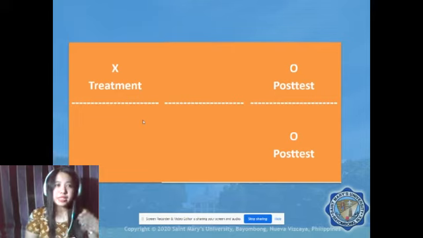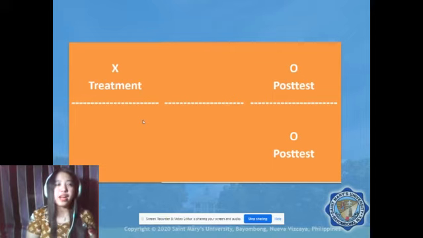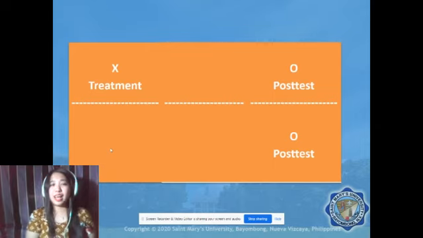In science experiments, control means the absence of the given treatment, or just giving them water as an alternative to the provided treatment. However, in educational research, we cannot do that. So the space here means that the treatment given is the existing or the traditional method used by the teacher.